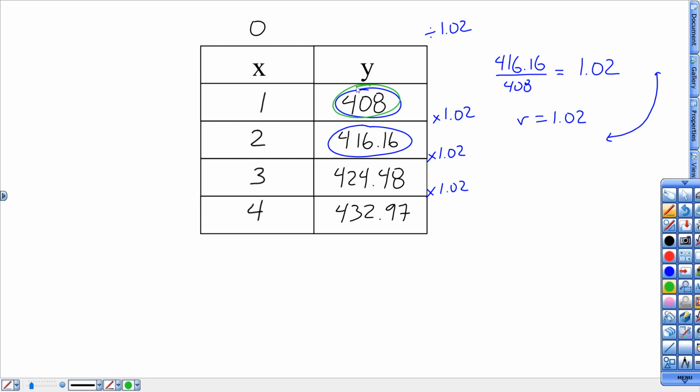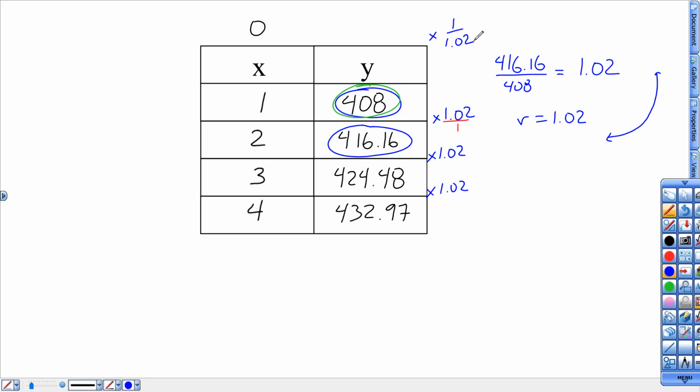Of course, we don't want to show that division. Dividing by 1.02 is the same as treating it as kind of a ratio and timesing by the reciprocal. So again, even though that looks weird, timesing by 1 over 1.02 is the same as dividing by 1.02.